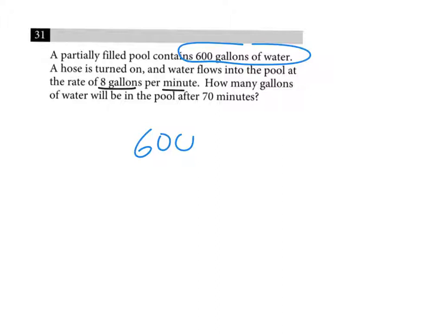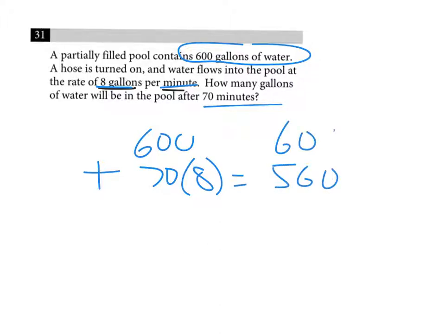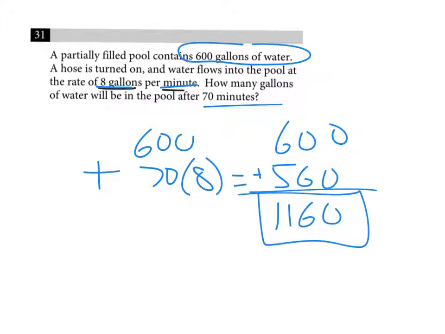Well, you're starting off with 600 gallons of water already in the pool, and we're going to be adding 8 gallons per minute for 70 minutes. So we're going to be adding 70 times 8, or 560, to the 600, which means here you're going to be left with 1160. So that's what your answer would be for this grid question, 1160.